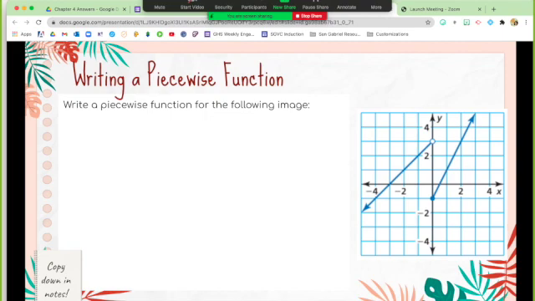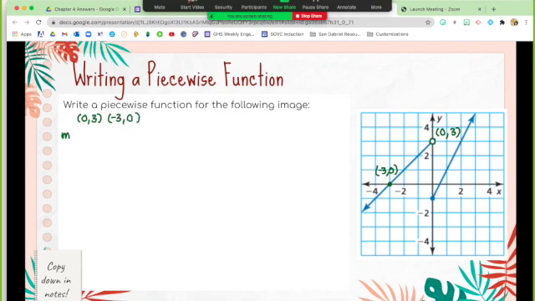One ordered point that I see here is this easy point: -3, 0. I also have this ordered point, which is 0, 3. Based off of these points, I can find out what my slope and y-intercept are. So I have 0, 3, and I also have -3, 0.